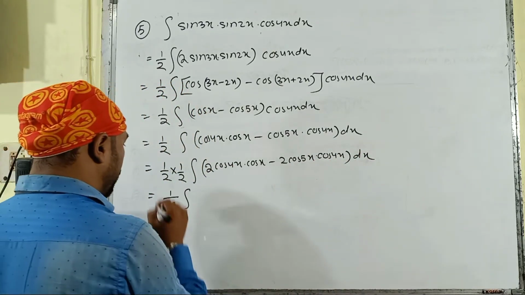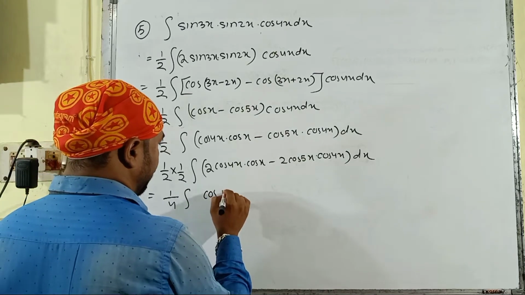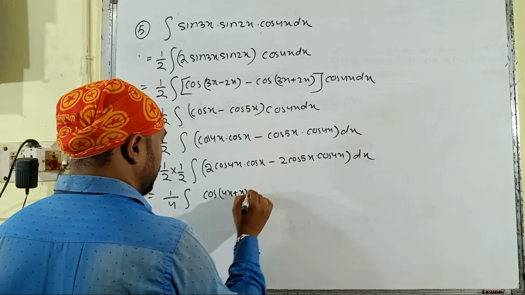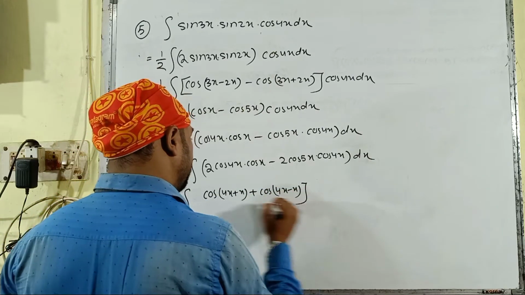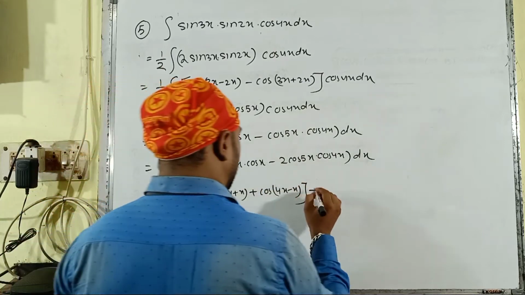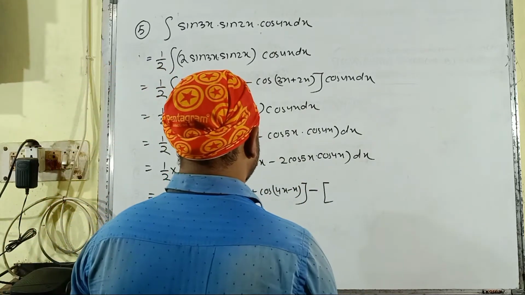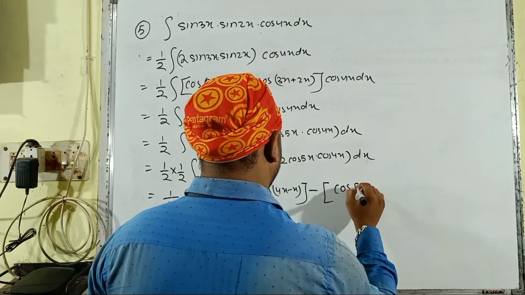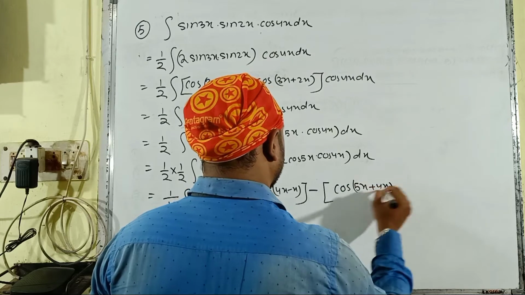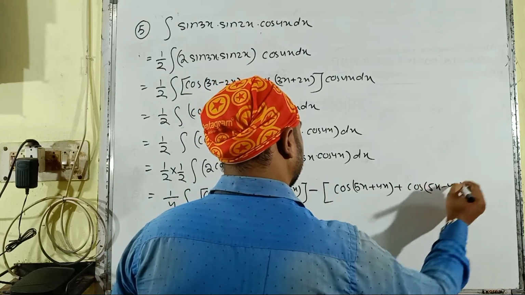It is 1 upon 4. It will be cos(4x+x) plus cos(4x-x), and here we have cos(5x+4x) plus cos(5x-4x).